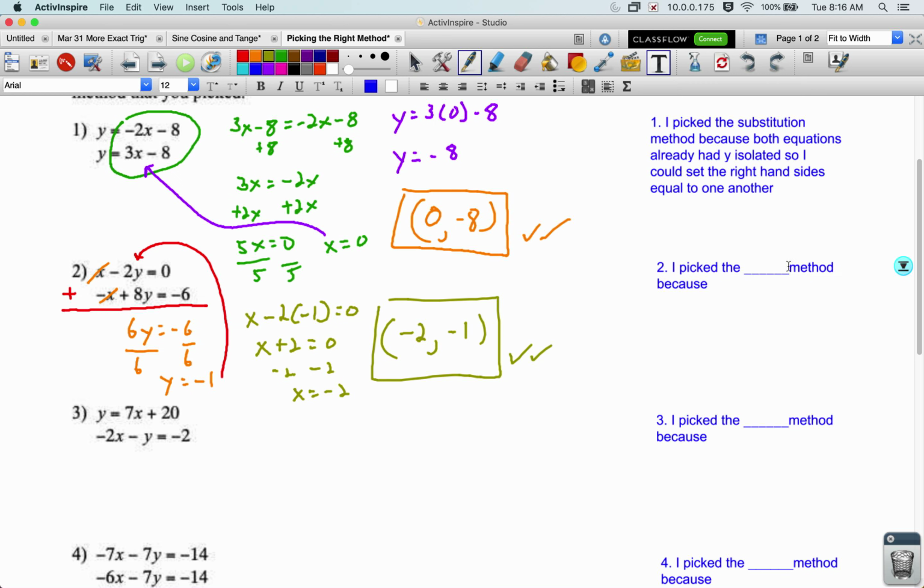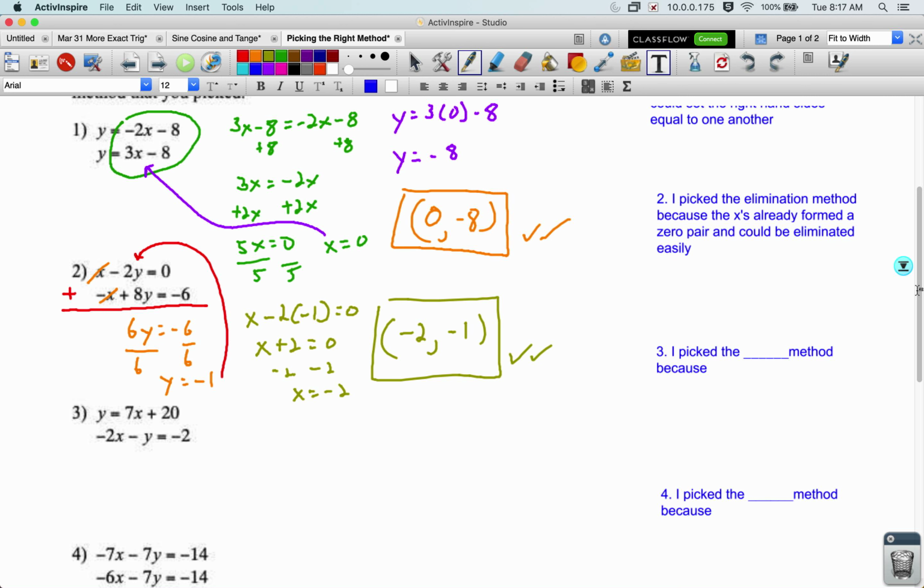All right, so for this one here, I picked the elimination method because the x's already formed a zero pair and could be eliminated easily. All right, let's look at number 3.